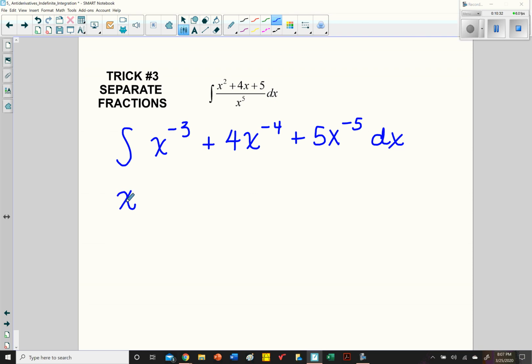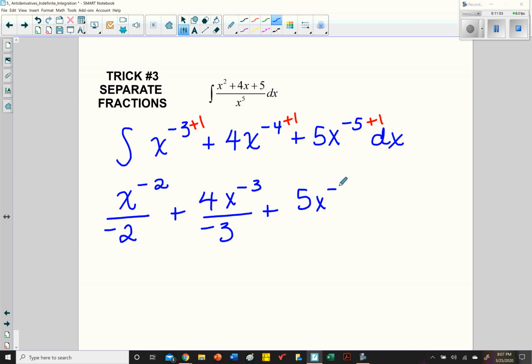In this case, I'm adding 1 to each power, then dividing by the new power. So we have x to the negative 2 divided by negative 2, and 4x to the negative 3 divided by negative 3, and then 5x to the negative 4 divided by negative 4 plus a constant.